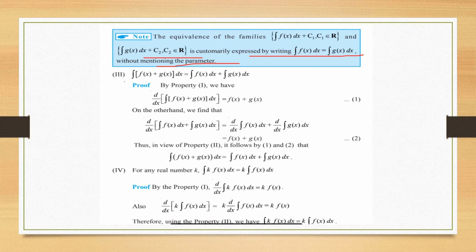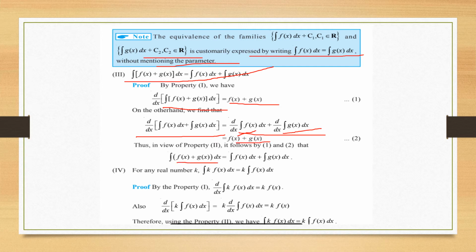Number 3: integral of f(x) plus g(x) dx is equal to integral f(x) dx plus integral g(x) dx, which means you can separately take their integrals as we can do in derivatives. Like by property 1, d/dx of f(x) plus g(x) equals f(x) plus g(x), and d/dx of integral f(x) plus integral g(x) is equal to d/dx of integral f(x) plus d/dx of integral g(x), and it is equal to f(x) plus g(x).